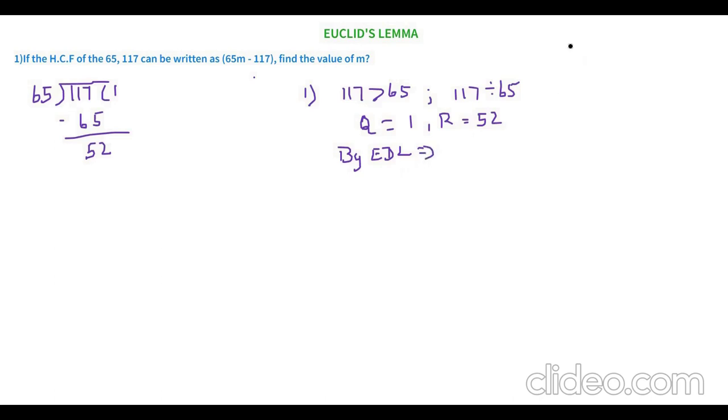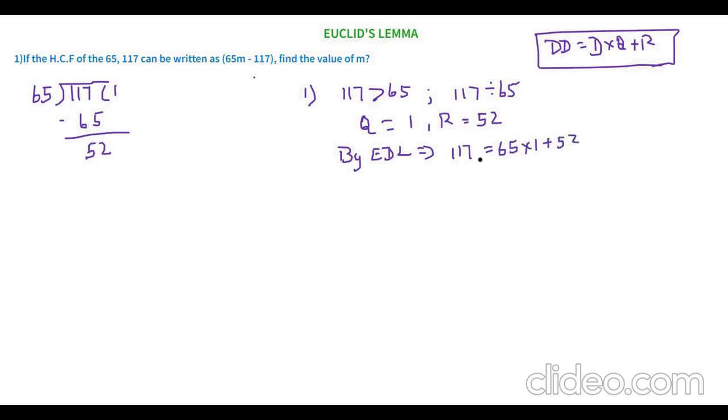I think you all remember in the previous video I taught: dividend equals divisor times quotient plus remainder. This is very important. This is the method of Euclid's division lemma. So what was our dividend? It is 117 equals divisor 65 times the quotient 1 plus 52. When we solve 65 times 1 plus 52, we get 117. So this is our first step.